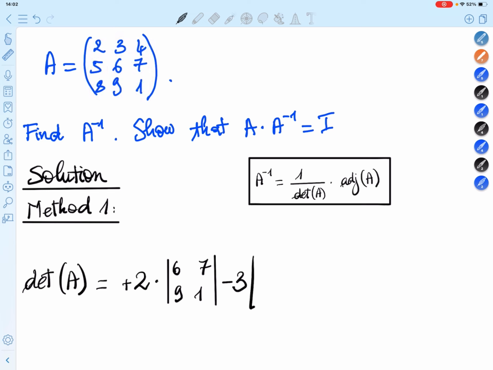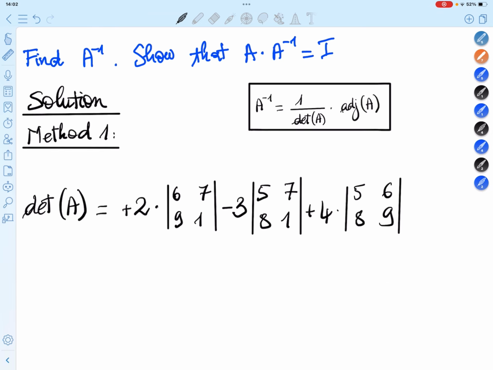So multiply by 5, 7, 8, 1. We do the same for the last, but this time with a positive sign. So we put plus 4, and then we hide this and this, so we have this. So multiply by 5, 6, 8, 9.